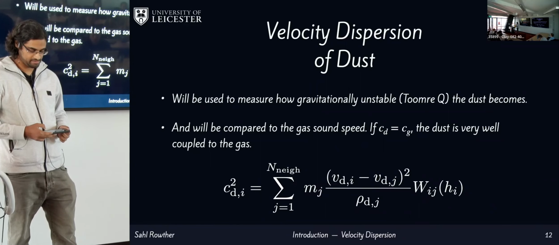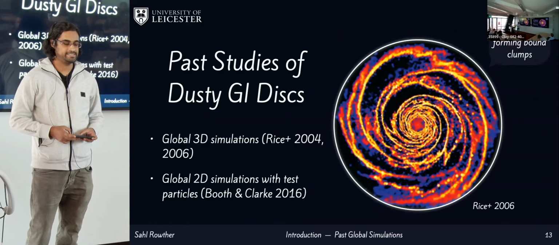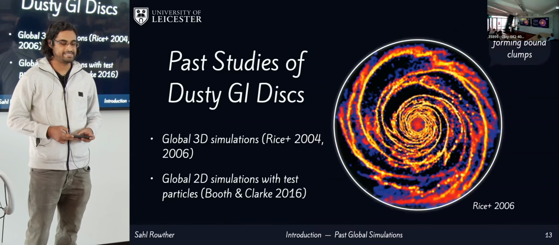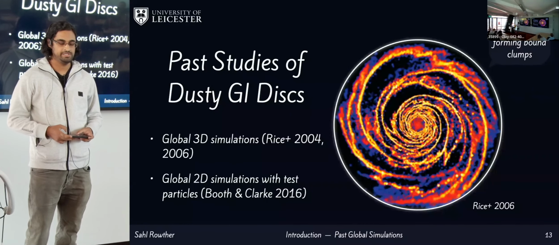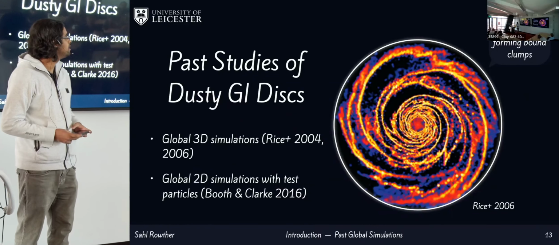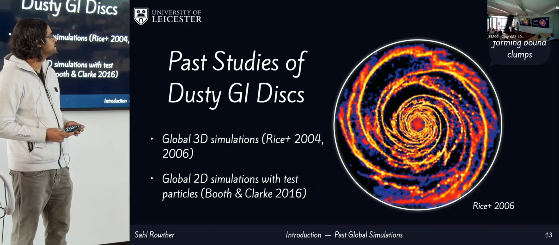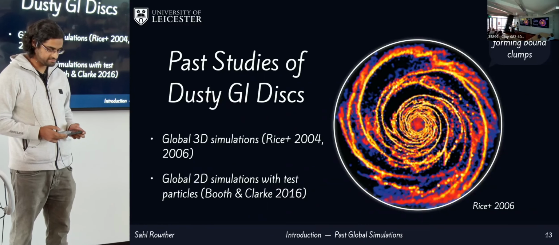So there has been some previous work which has looked at the dust dynamics in gravitationally unstable disks, and these range from 2D and 3D global simulations, which have shown that you can form gravitationally bound clumps in these disks.